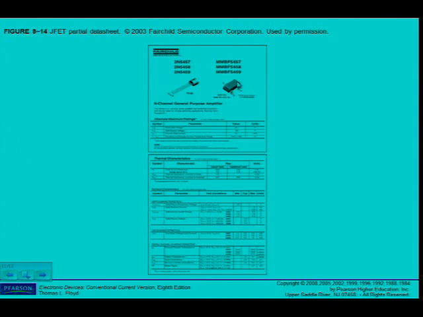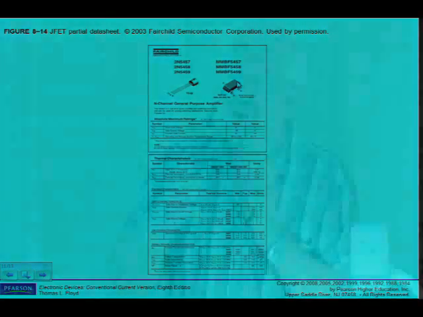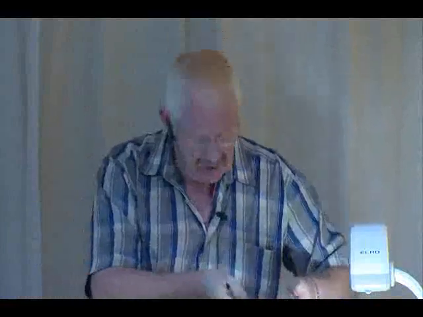So if I ask you a question and I say find for this device the typical value of IDSS, then you must read for that value, not the minimum, not the maximum, unless of course I told you the minimum or the maximum. Or in the case of VGS off, I will ask you for the maximum value. So make sure about the values that you have to read from the data sheet.